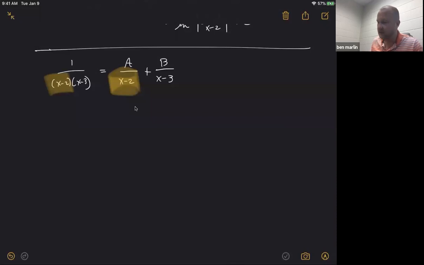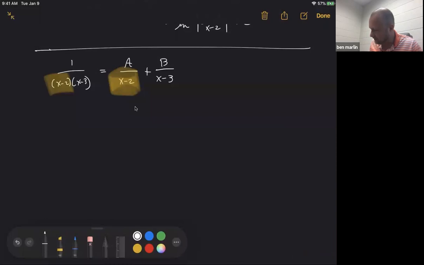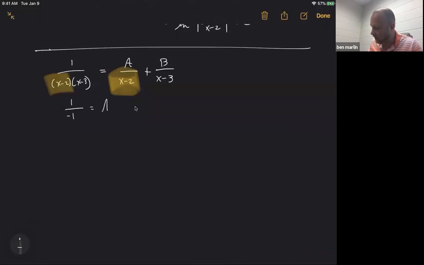Because then you would divide by 0. Now that we've covered it up, we plug in our value of 2 for x. And so when you do that, you'll have 1 over 2 minus 3 is minus 1. And that is going to be your value of a.